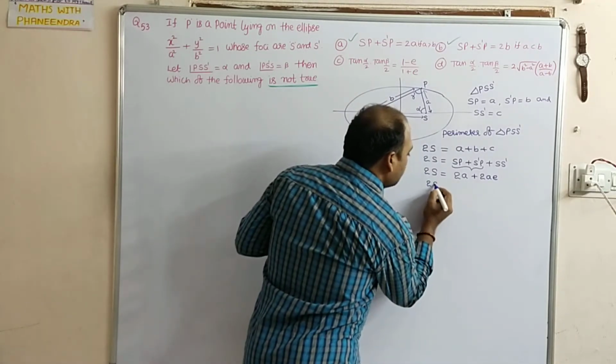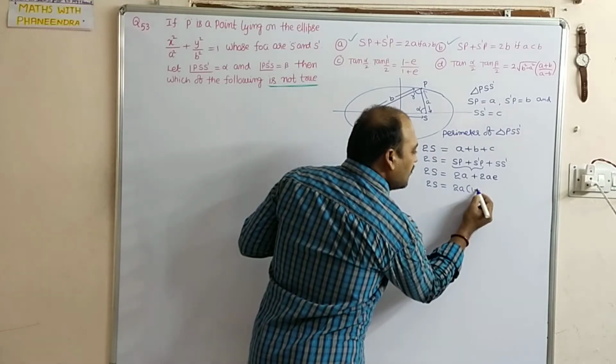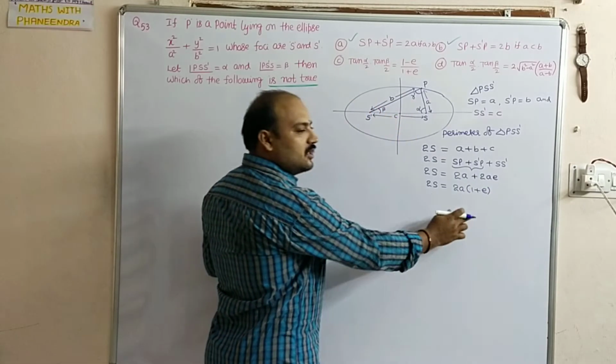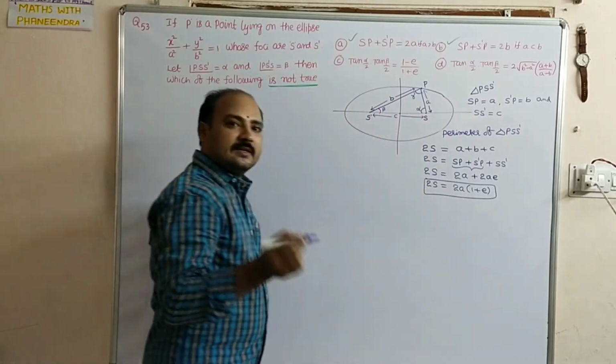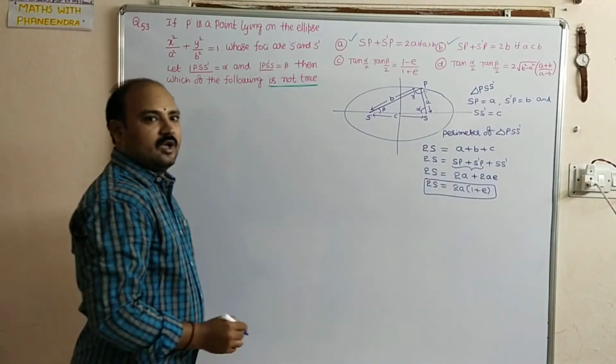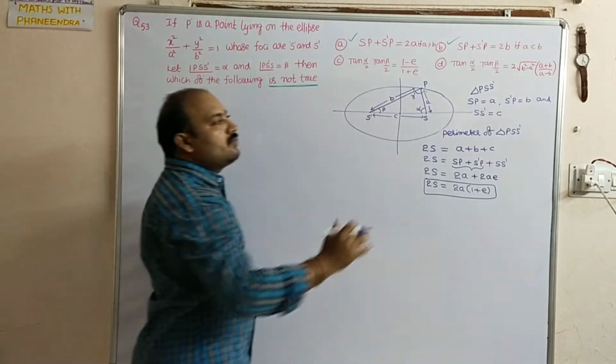So 2S is equal to 2A, take common, 1 plus E. Don't cancel 2. We can use this value as 2S. Similarly, we can calculate tan alpha by 2, tan beta by 2.